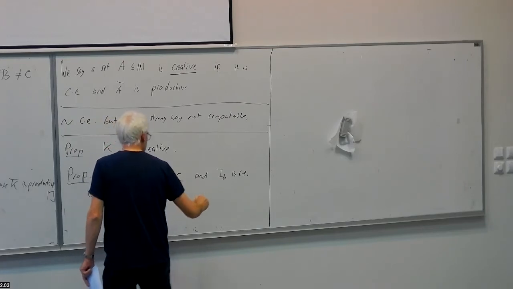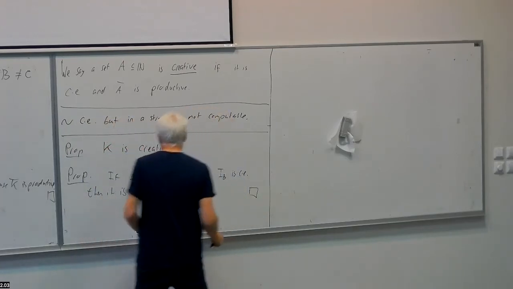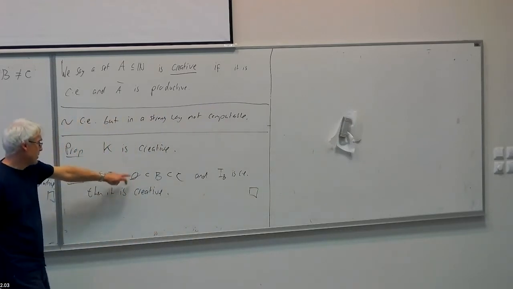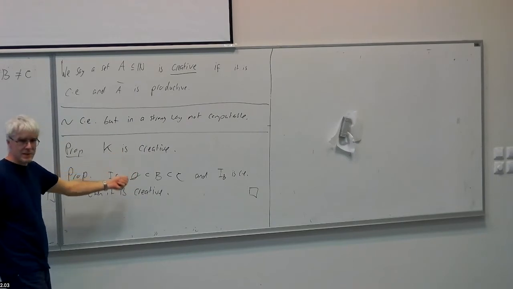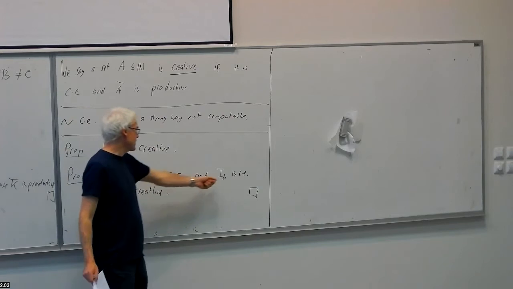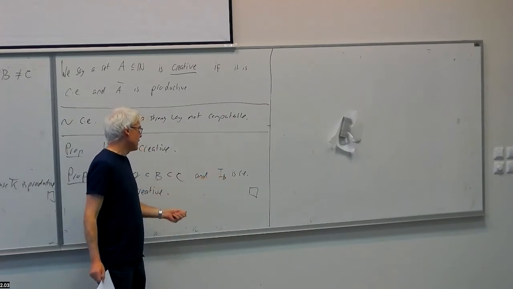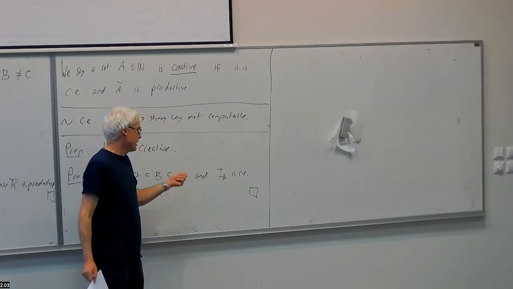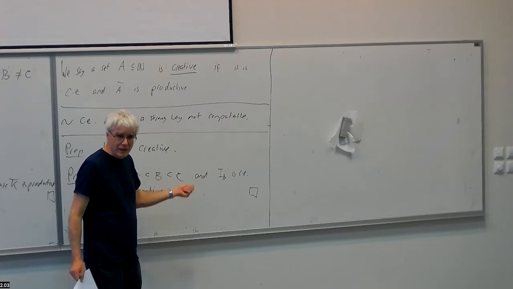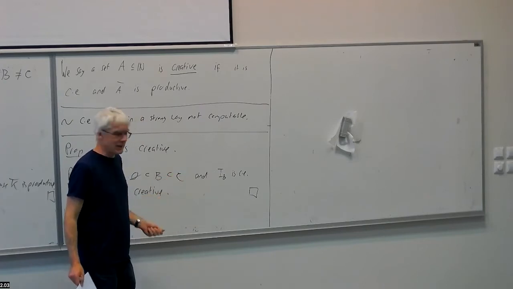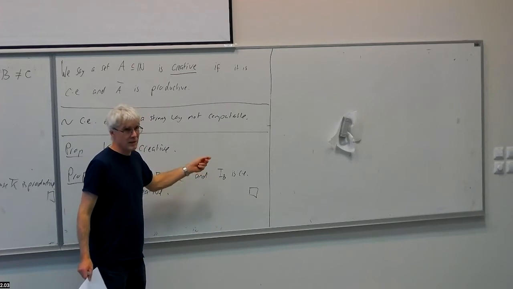So any set of computable partial functions that is semi-decidable, meaning its index set is computably enumerable, has an index set that fails to be computable in a strong way, and its complement is productive.